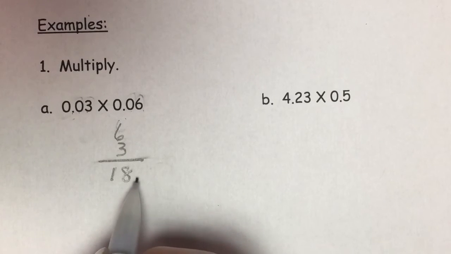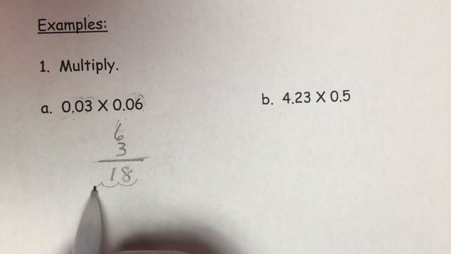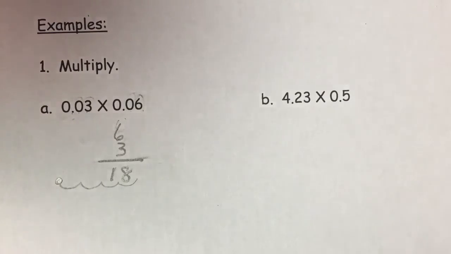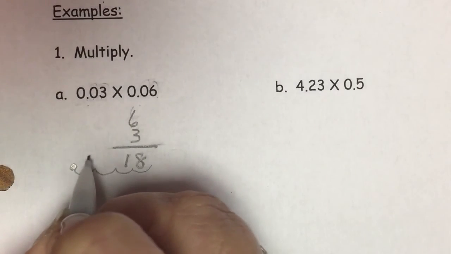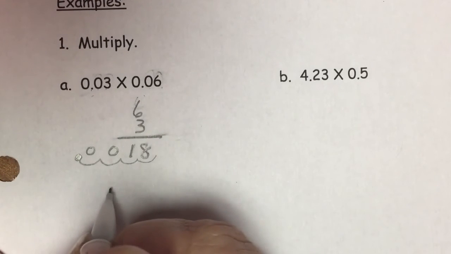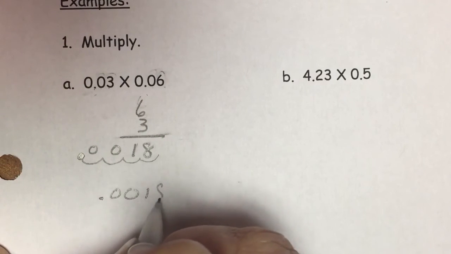So you start at the end, and you move your decimal back 4 places to the left. 1, 2, 3, 4. And that's where your decimal point goes in your answer. As you can see, you're going to end up putting 2 zeros there. So your answer is 0.0018.